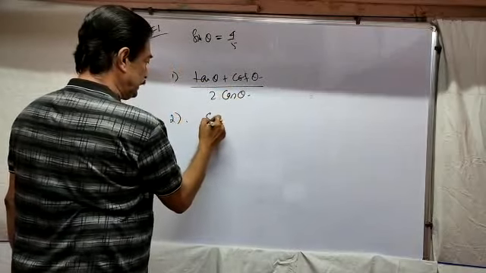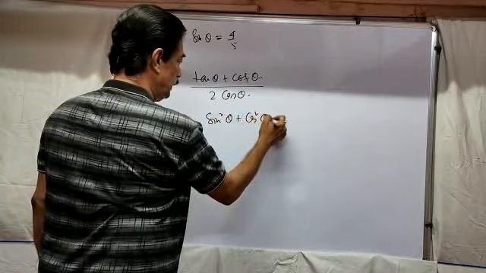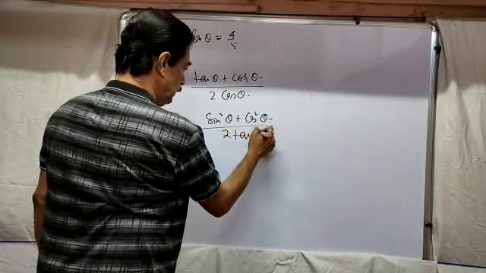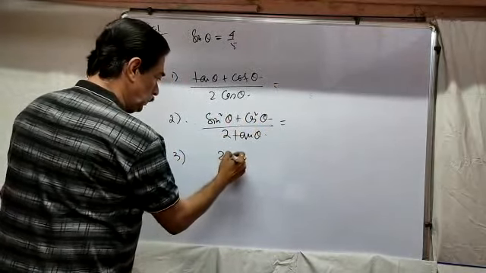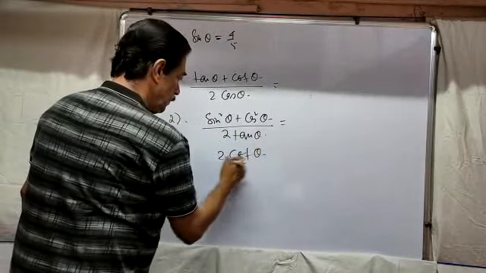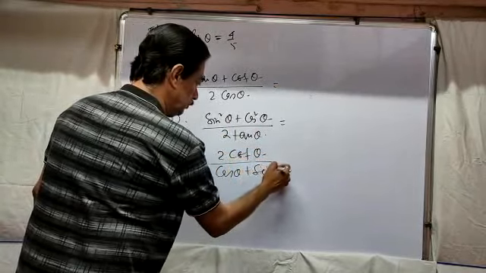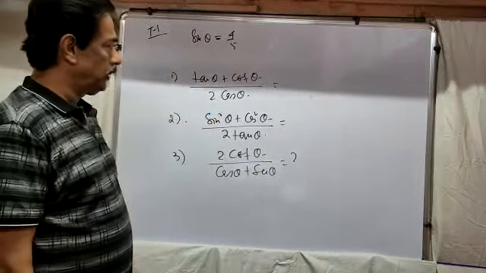Number 2, sin square theta plus cos square theta by 2 tan theta. Number 3, 2 cot theta by cos theta plus sec theta equal to. They can give any question.